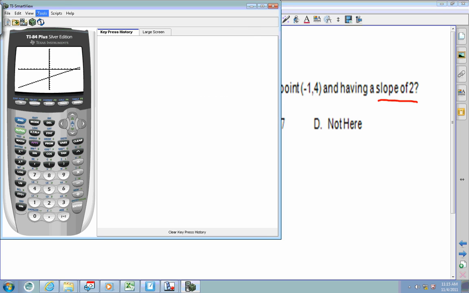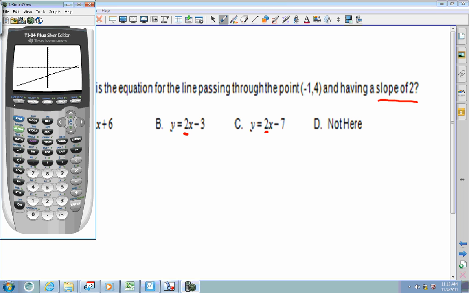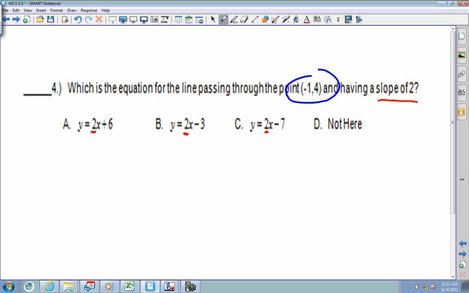Okay, what I would do, let me just make this smaller. I would go into my calculator and put in there, let's try this one, 2x minus 7, just because I can see it right there. 2x minus 7. And it wants to know if this point is in there.